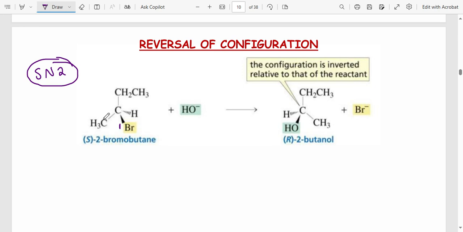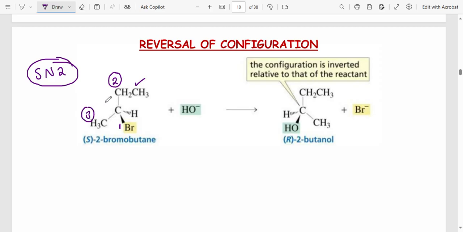So because there are 2 carbons, look at the atoms attached directly to those carbons. For this one that is on top, it's actually attached to another carbon which is here. For the one that is down, it is attached to hydrogen. And we know that carbon has got a higher molar mass. So therefore, this one is the one that will carry the second priority, and then this will be the third priority.